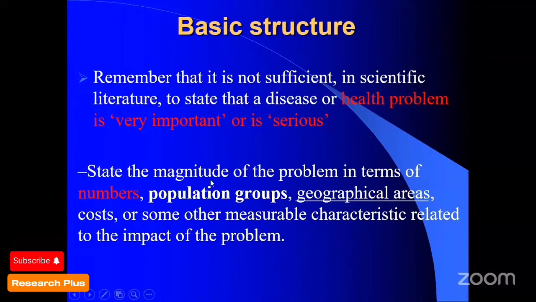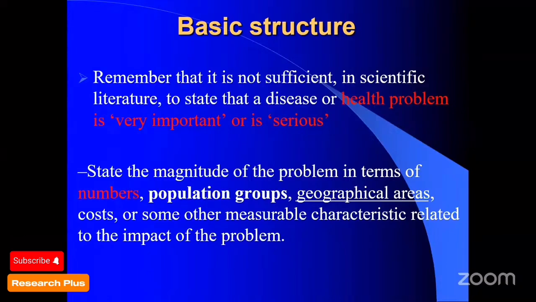So it's better to state the magnitude of the problem in terms of numbers: how many people are involved, which population groups, which geographical areas, whether it is issues that have to do with cost, or use a measurable characteristic related to that problem to describe it. That way you can communicate something, because if you say tuberculosis is a major problem, there are many countries that have very low incidence of TB.